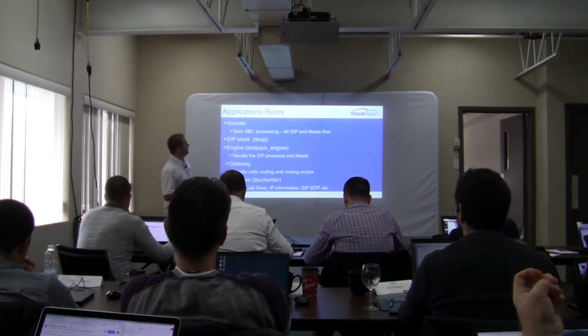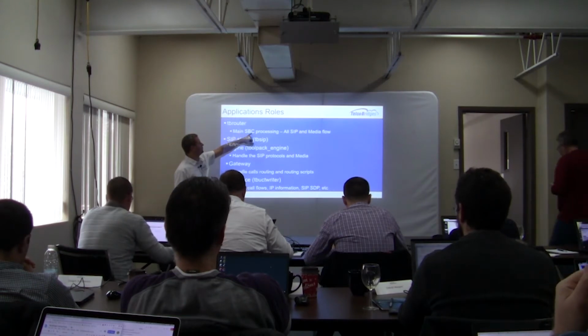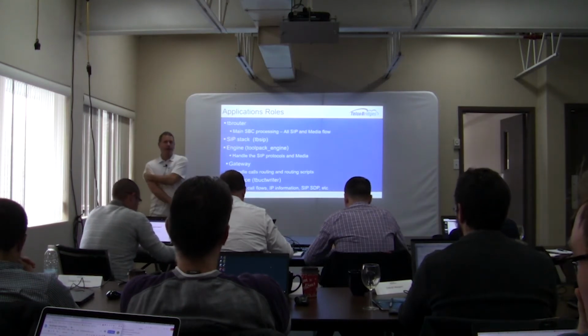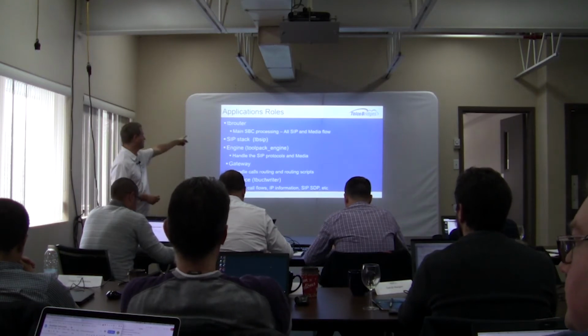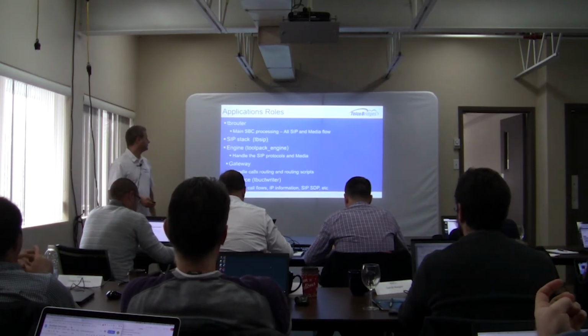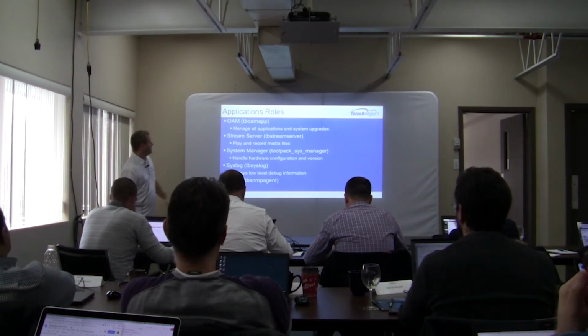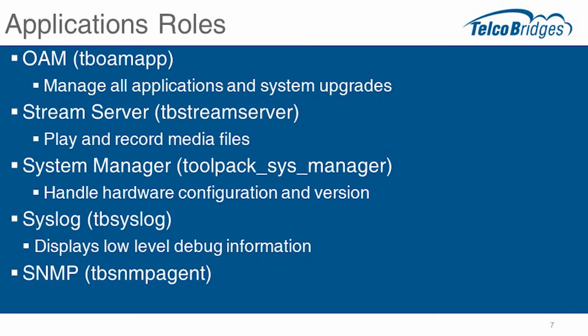If you are getting trouble with the TBrouter, let's say a scheduling problem, then maybe you need to look in the TBrouter log. If it's a problem in an upgrade, then you will look at TBOMAP, which manages all application and system upgrades. So here it just gives you an overview of the real names of the applications and their functions.